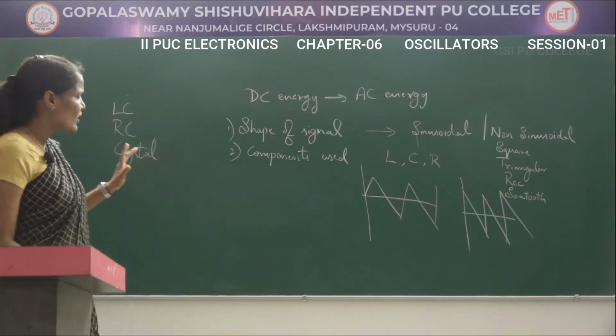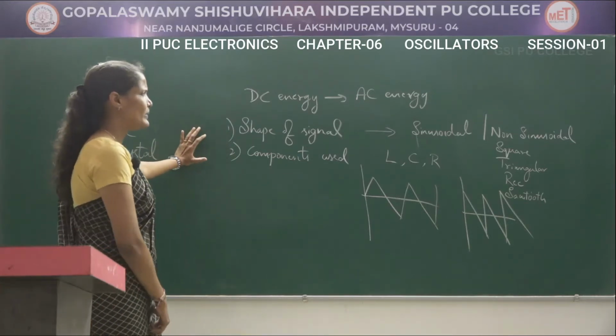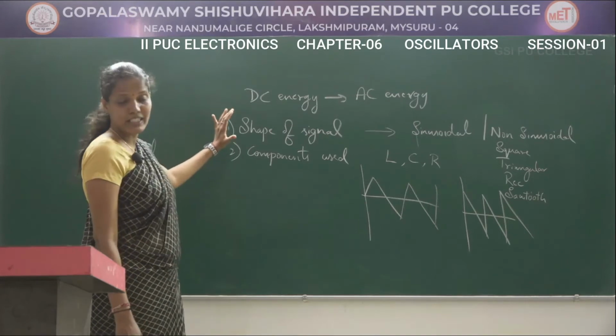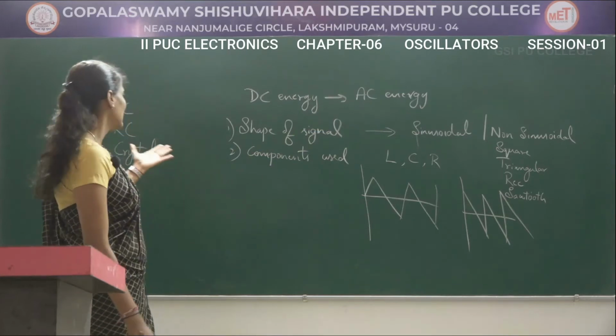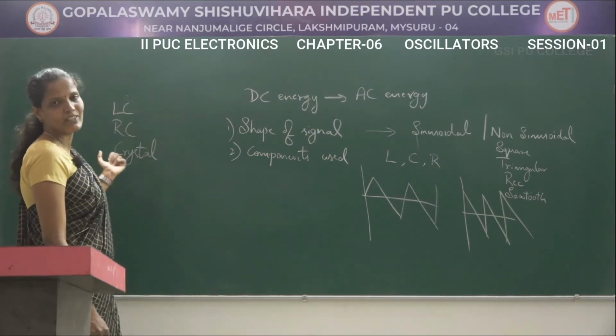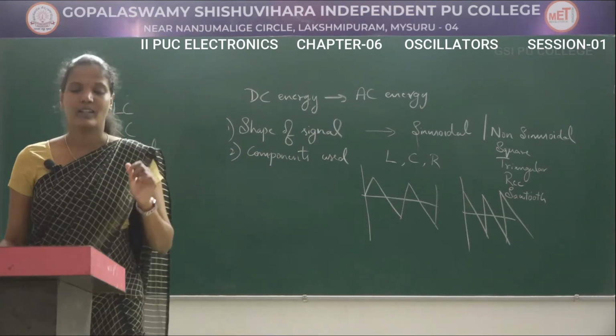So, based on the shape of the signal and the components used, these oscillators are broadly classified into sinusoidal or non-sinusoidal, and LC oscillator, RC oscillator and crystal oscillators.